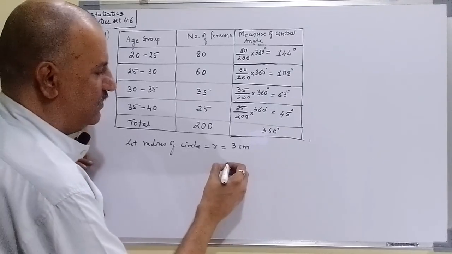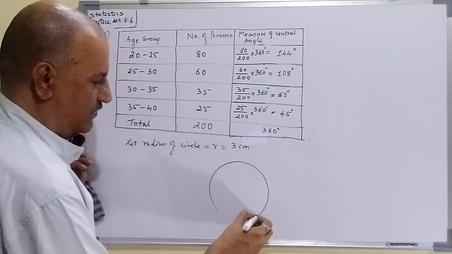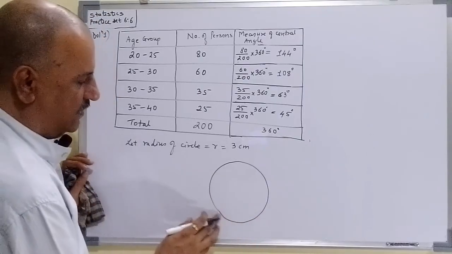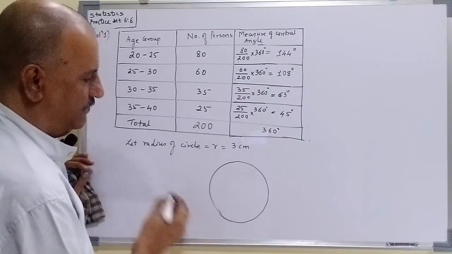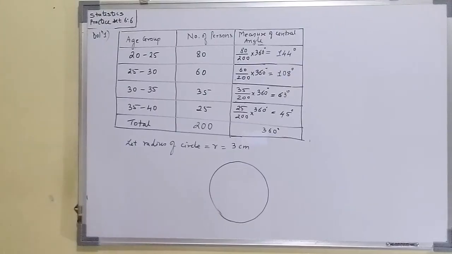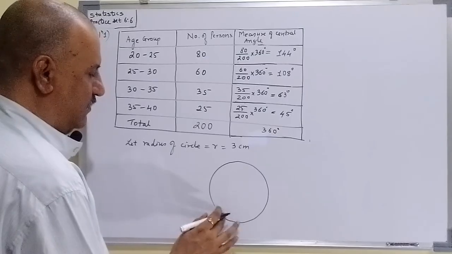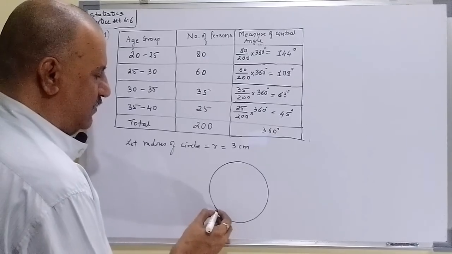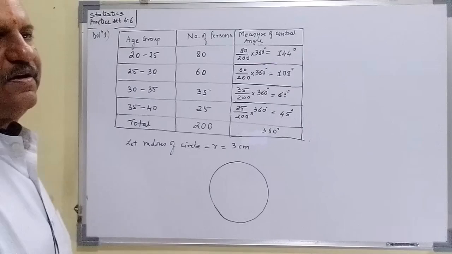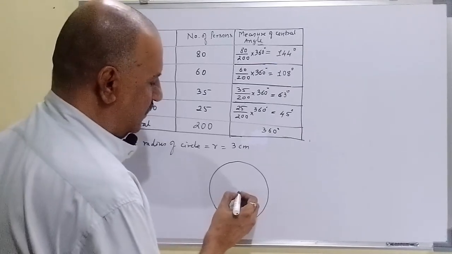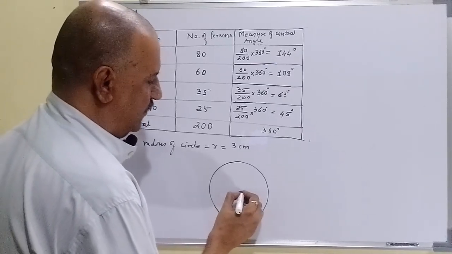So you draw a circle of 3 centimeter radius. Take a center and draw a radius.